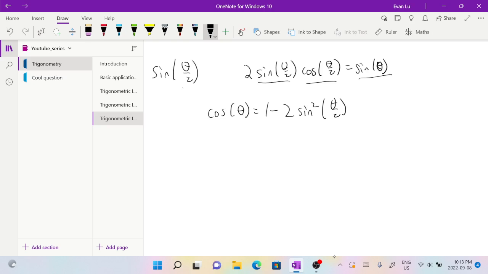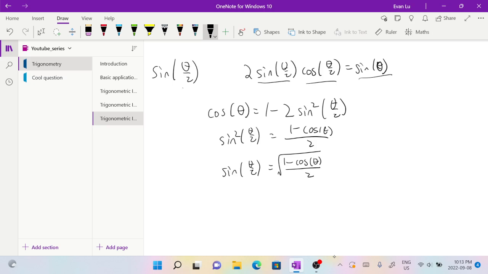So what I'll get here, after a bit of rearrangement, is sine squared of theta over 2 is equal to 1 minus cos theta over 2. Then I'll take the square root, so sine of theta over 2 is equal to the square root of 1 minus cos theta over 2.